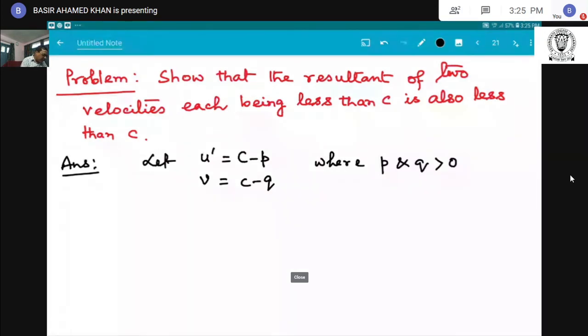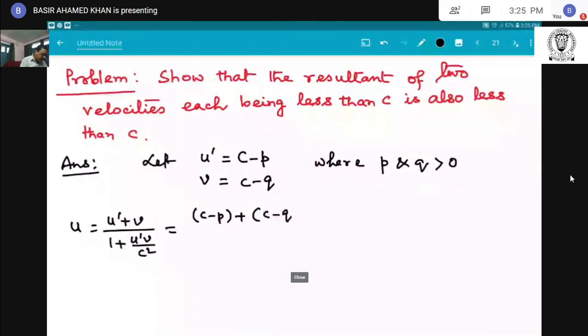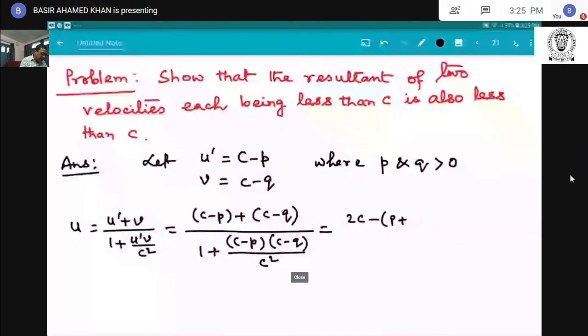From the velocity addition theorem, u equals u dash plus v divided by 1 plus u dash v by c square, which becomes c minus p plus c minus q divided by 1 plus c minus p into c minus q divided by c square, equal to 2c minus p plus q divided by c square plus c square minus c times p plus q plus pq, divided by c square.